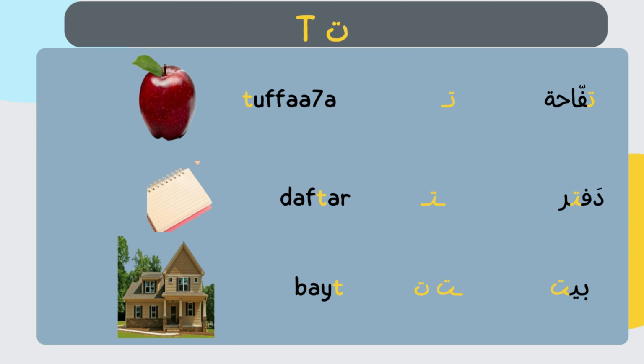And in the middle position, same like beginning but with linking arm. And in the end, it's either connected or separated depending on the letter before. Now it's your turn to read the first word, and remember this 7 we pronounce it ha. So read it, then look at the Arabic.